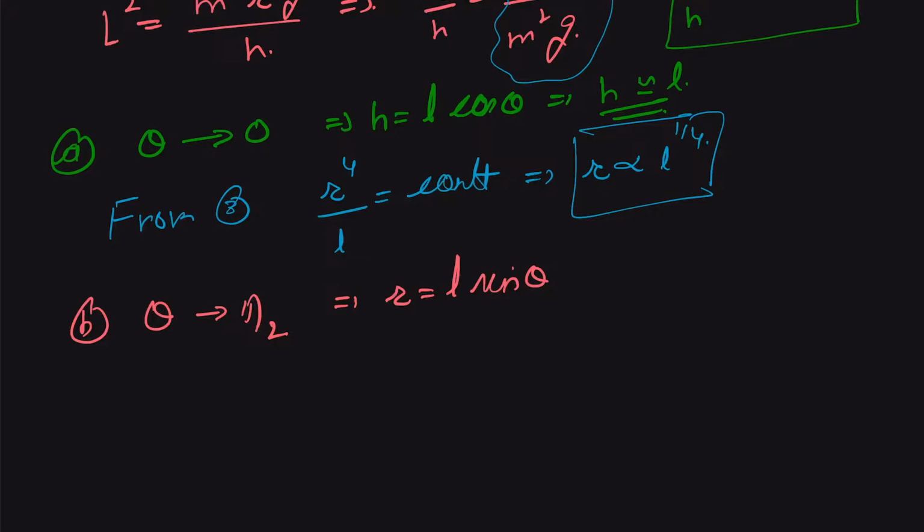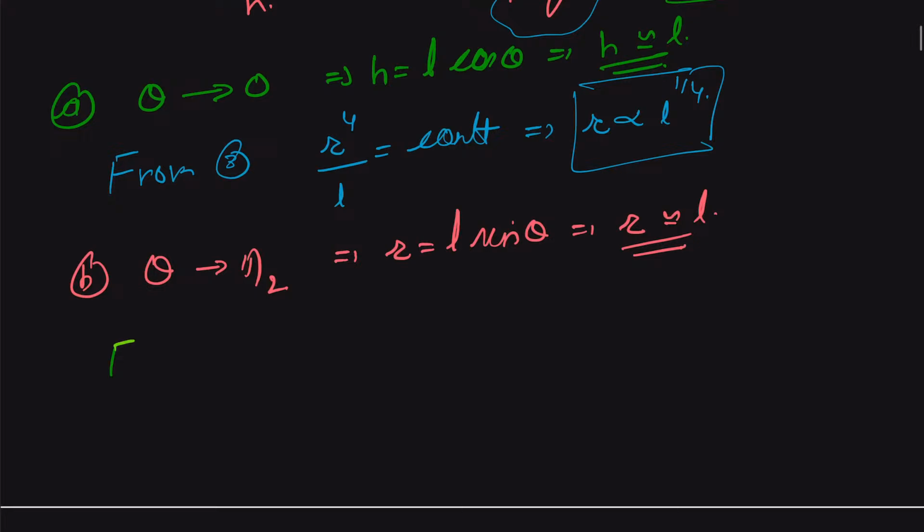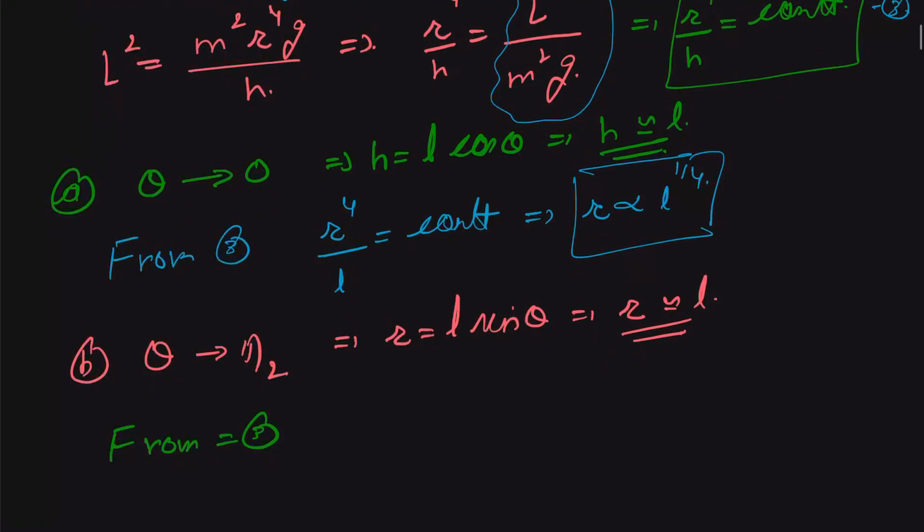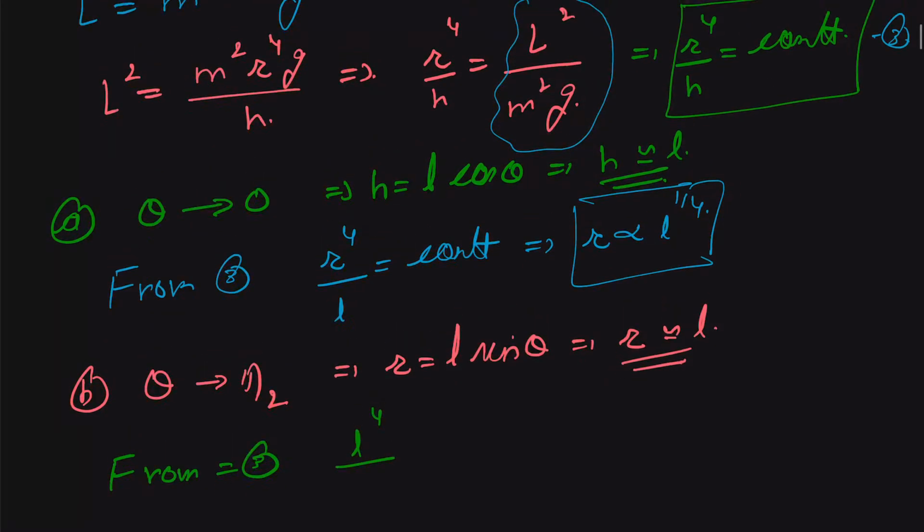So if theta is close to pi by 2, we can say that r is approximately equal to L. So once again from equation 3, we can replace r by L. So this comes as L raised to power 4 divided by h is equal to constant.